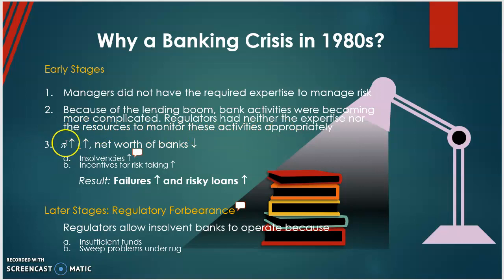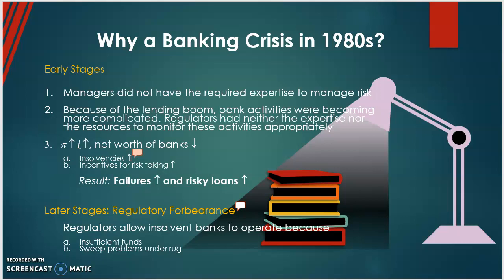Okay, so when the profits of the bank increase, it will increase the interest rate, and then the net worth of the bank will decrease. Okay, and then it will increase insolvency. Insolvency is the state of being unable to pay the debt by a person or company at maturity.